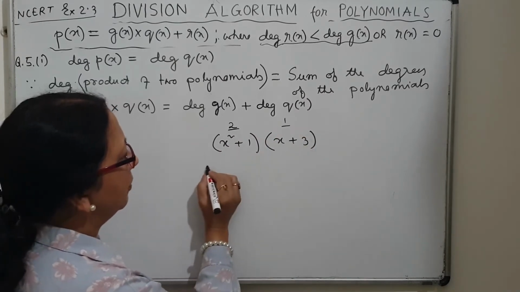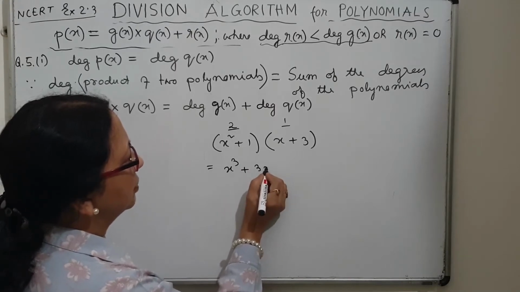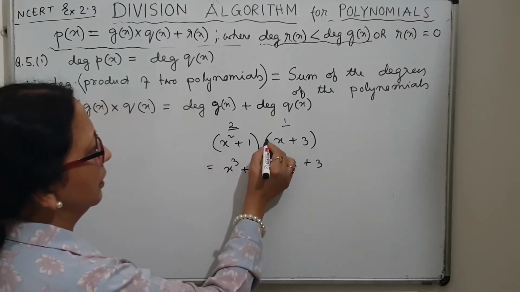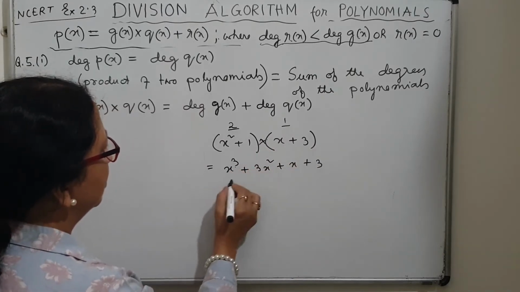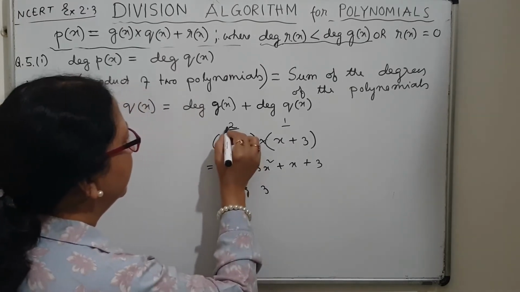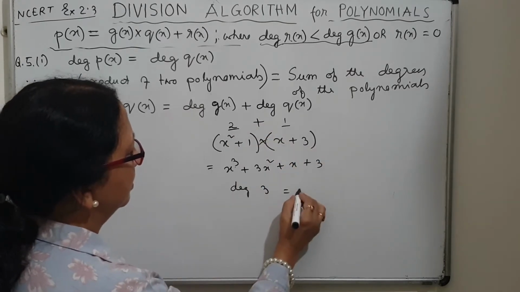When I multiply, what is the product? x cube plus 3x square plus x plus 3. So what is the degree? The degree is 3. Here the degree was 2, plus 1 is 3.